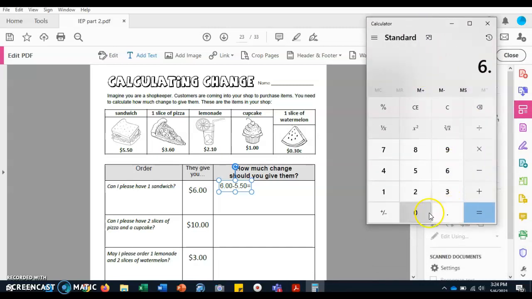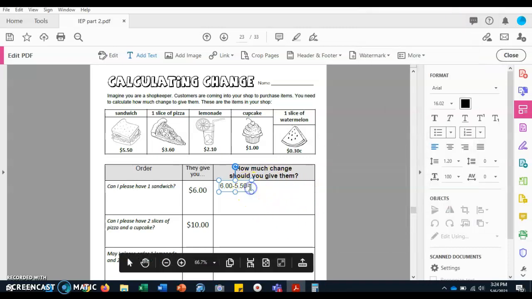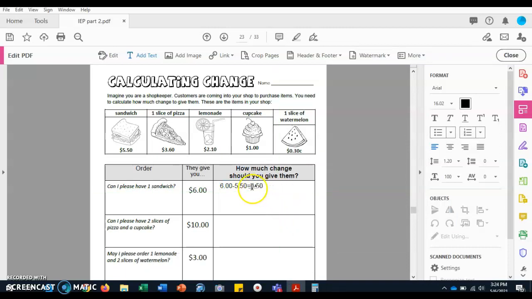What we are going to do now is use our calculator to find out what their change should be. So we have $6 minus $5.50, which equals 0.5, which is the same thing as 0.50. And with 0.50, can we give them $1? No, right? We can't give them $1.